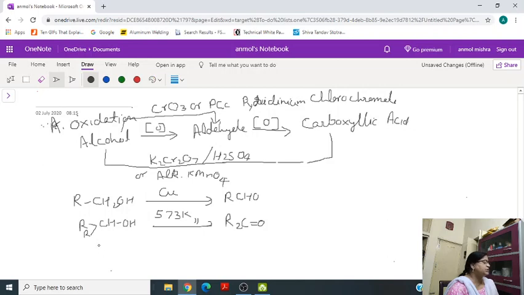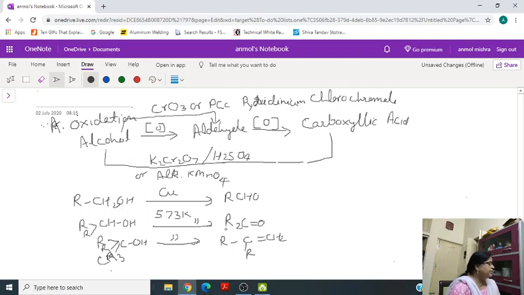And if tertiary alcohol is taken, again same temperature, it forms isobutylene.